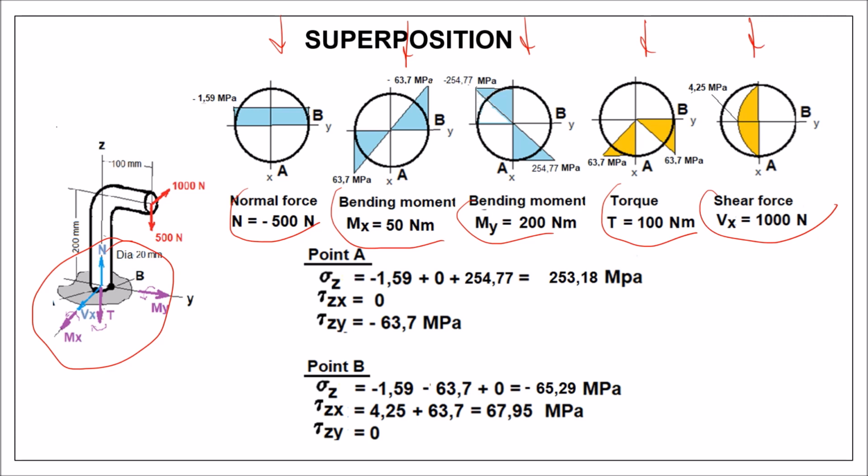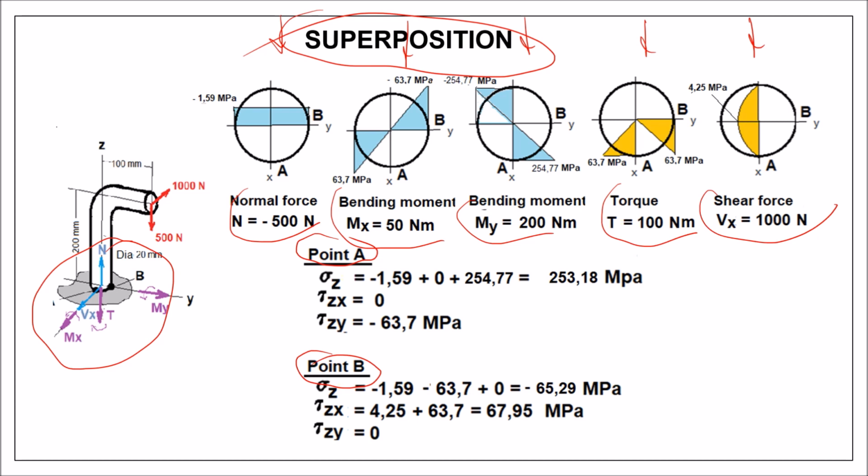And now my last step is to find the stress states for points A and B with the help of superposition. So in superposition, we have to add stresses of the same type and in the same direction.